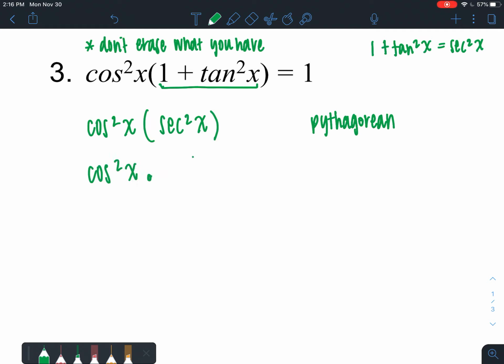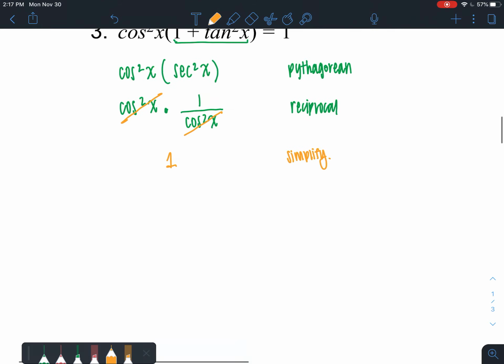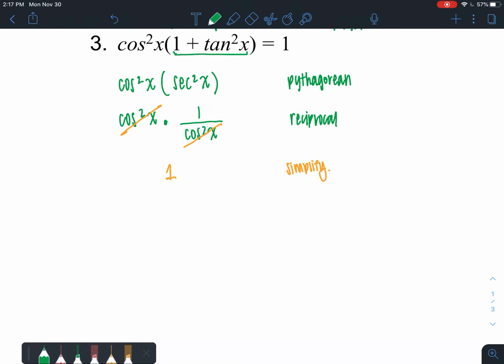Secant squared x is equal to 1 over cosine squared x. So that was the reciprocal identity. And then these cancel, and you're left with 1. Okay, so that was just simplification. I'm going to show it another time a different way.